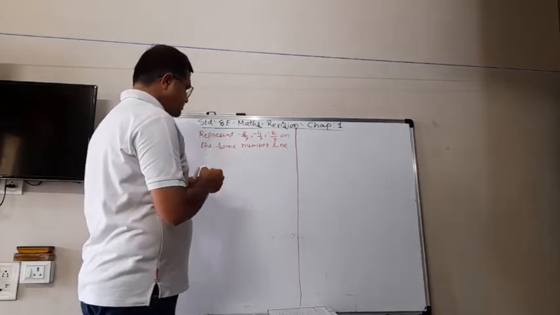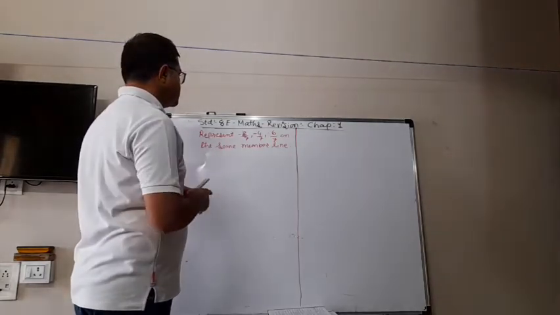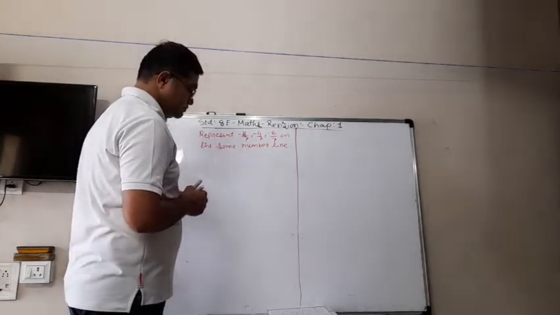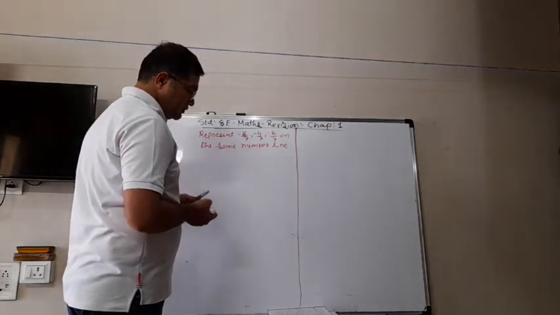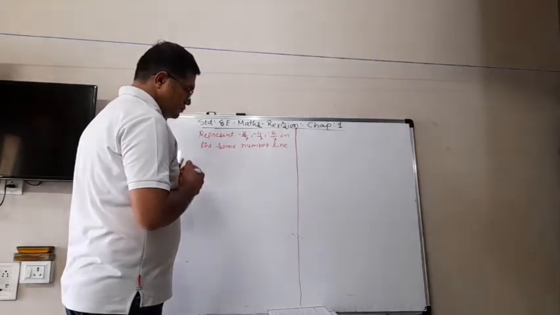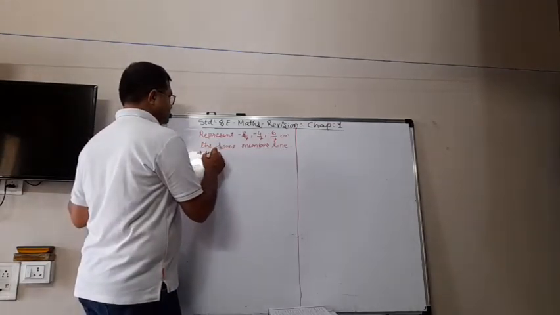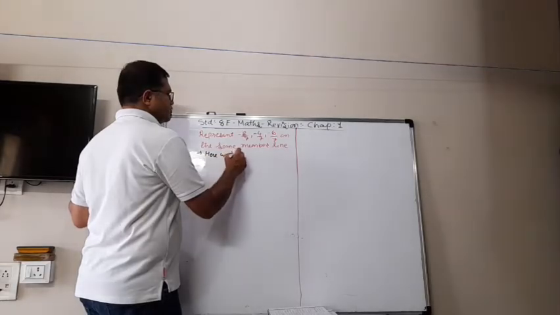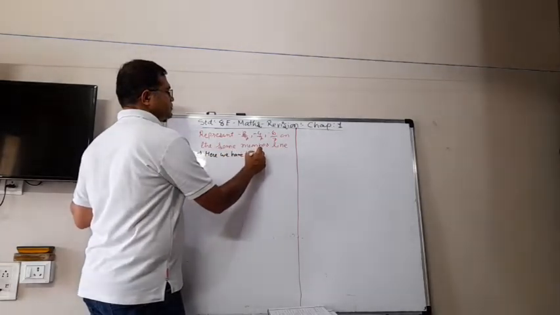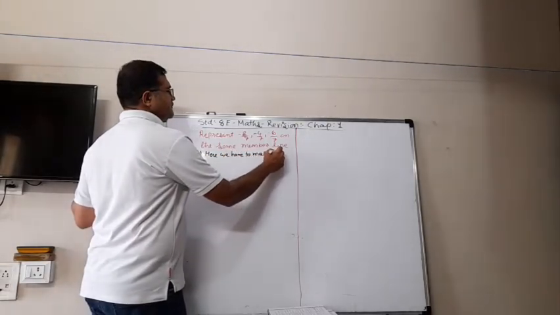So here we can see that we have to make 7 parts between the numbers. So here we have to make 7 equal parts.